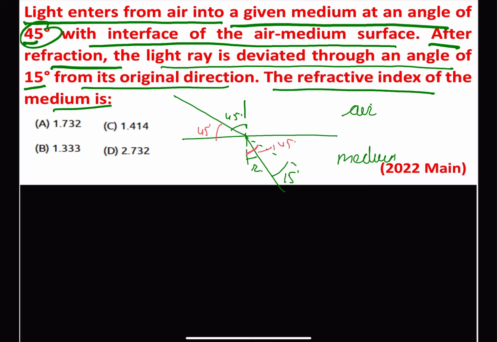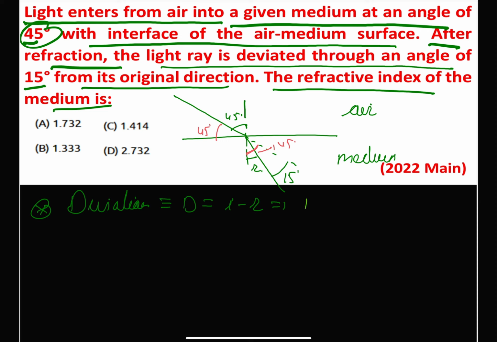So our deviation d will be equal to i minus r.